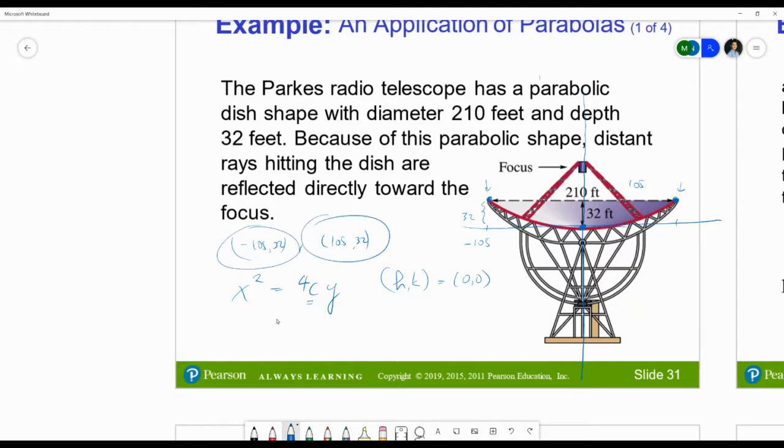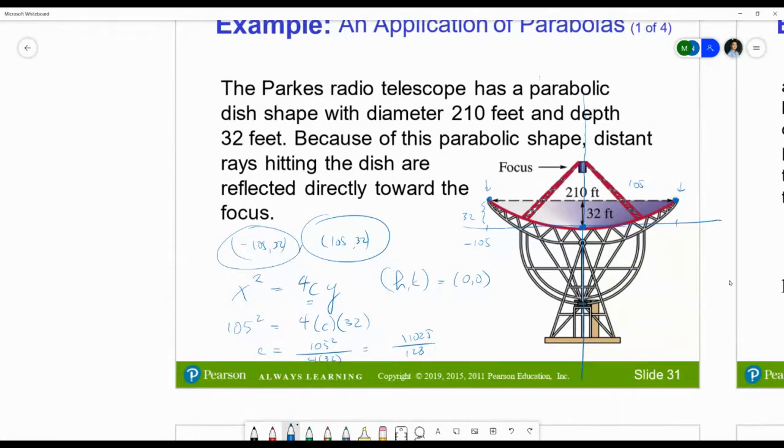Is it as easy as just plug and chug? Exactly. Plug in x: 105 squared equals 4 times c times 32. So c is equal to 105 squared over 4 times 32. What is that? 11,025 divided by 128.